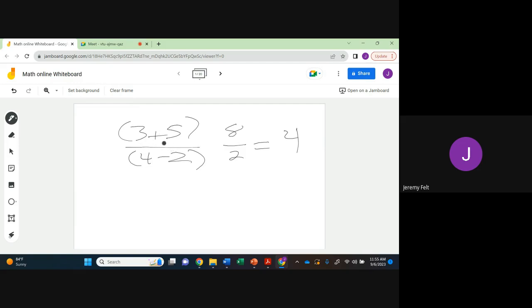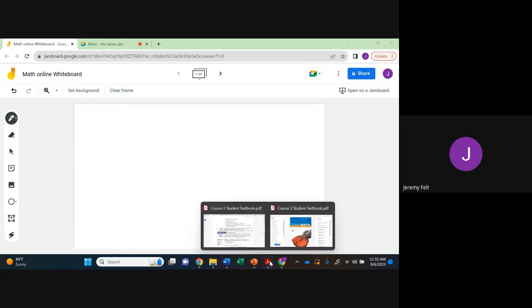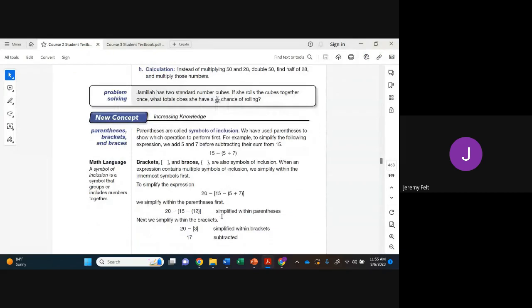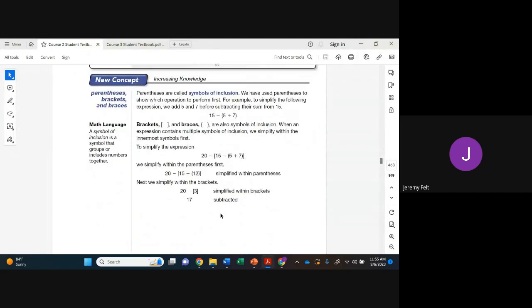We're not doing any of those. We have to add and subtract and simplify, and then we divide. So side journey there, but those are also symbols of inclusion when we don't even have necessarily symbols. Okay, so it's implied inclusion. So we would do those first.